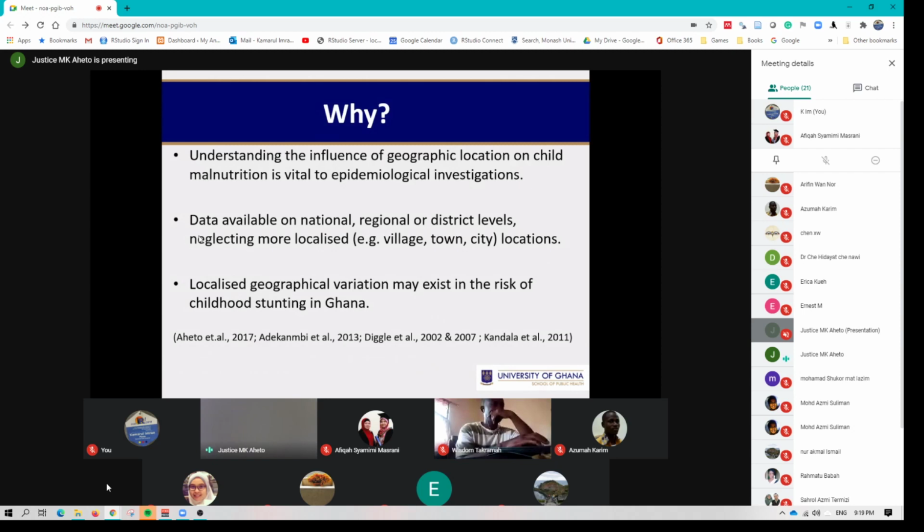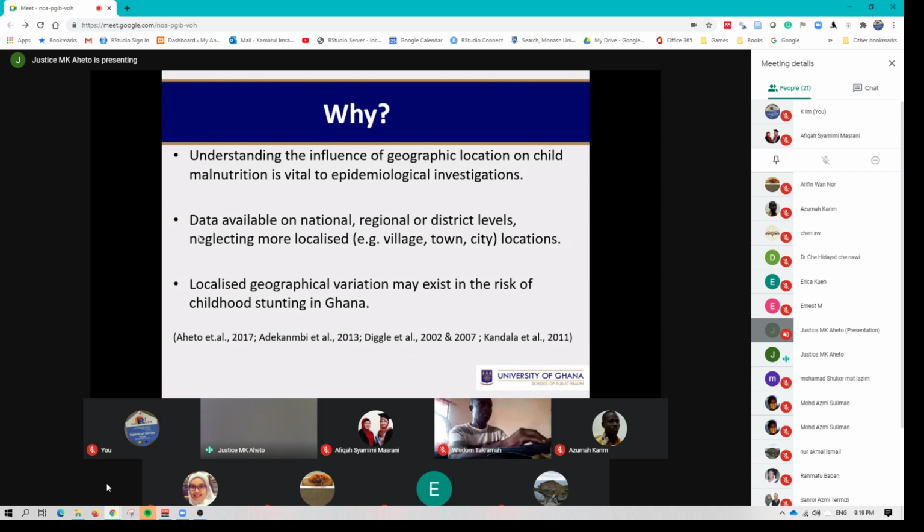That is, where a child who is under 5 in Ghana finds himself, would that impact on his or her chances of becoming malnourished or not? It's one of the questions researchers who are into geospatial modeling will always be asking. That is, how do we link your place of residence to your health outcomes?